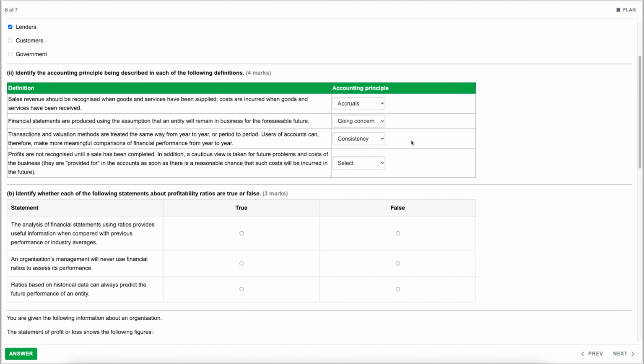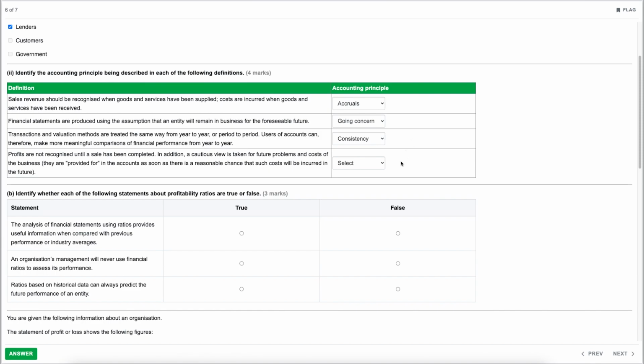And then the last one, profits are not recognised until a sale has been completed. In addition, anytime it mentions cautious, you probably go down the prudence concept route. So in addition, a cautious view is taken for future problems and costs of the business. They are provided for in the accounts as soon as there is a reasonable chance that such costs will be incurred in the future.